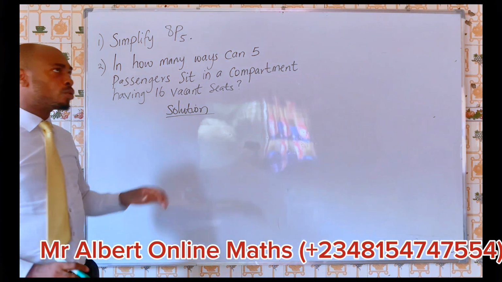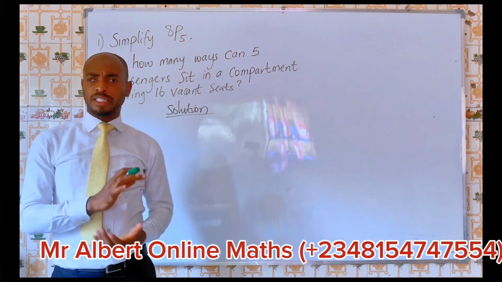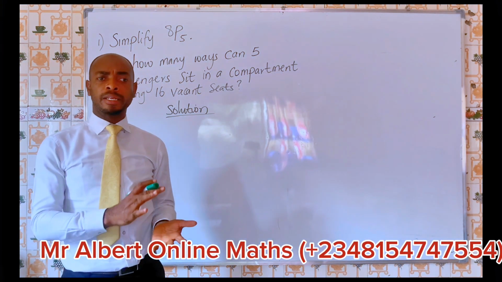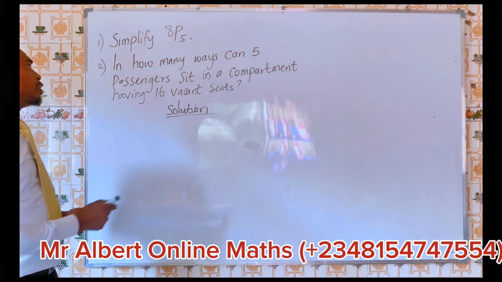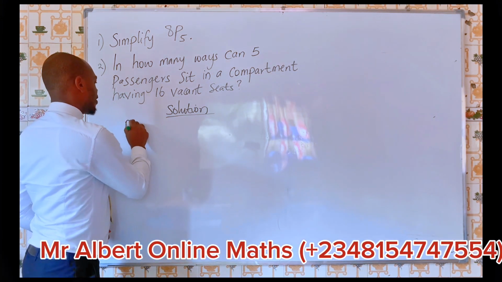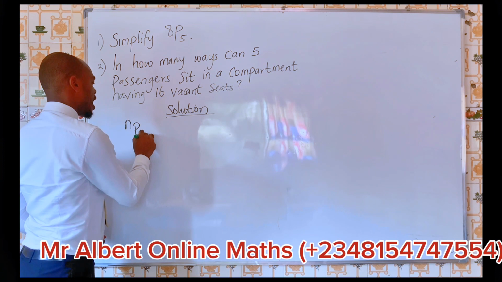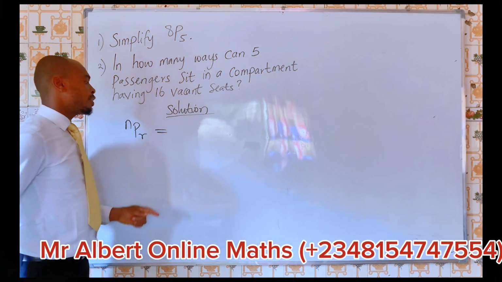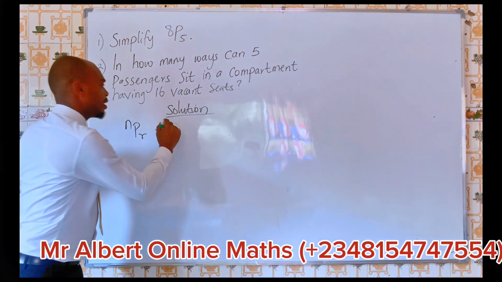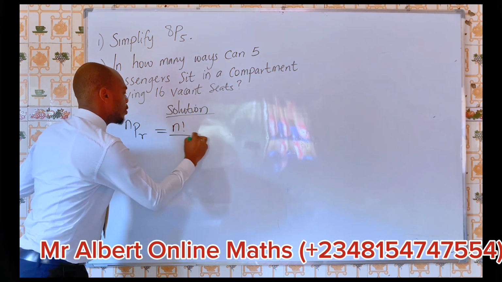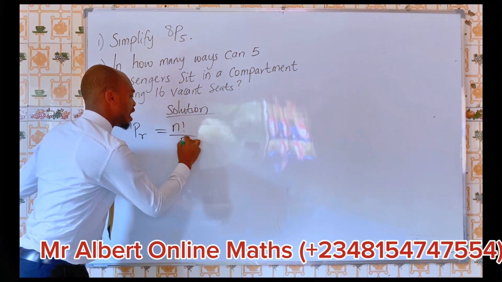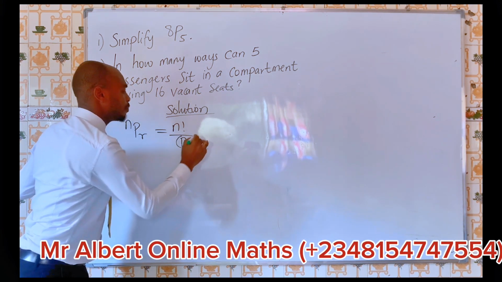Now, for you to be able to solve this question, you need to understand what permutation is and the formula as well. If you have n permutation r, the formula is n factorial all over n minus r factorial.